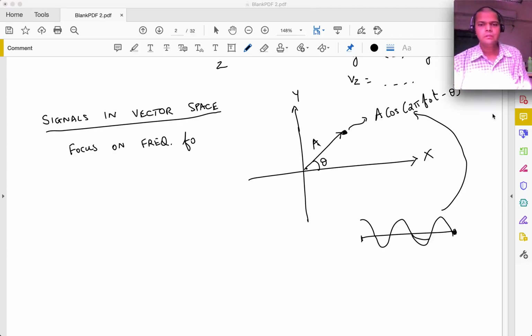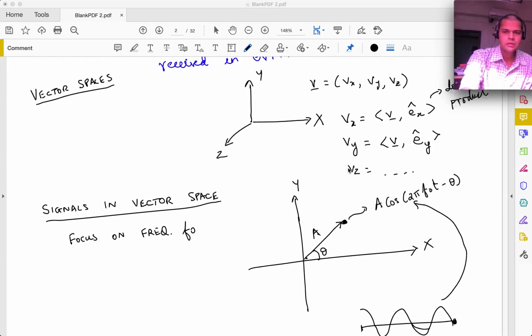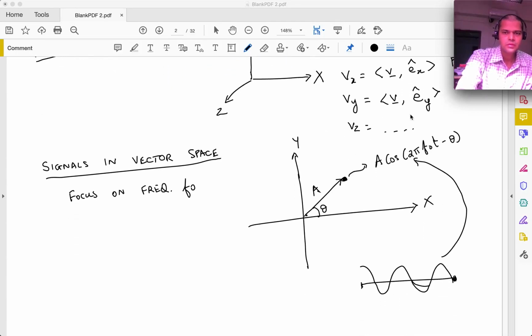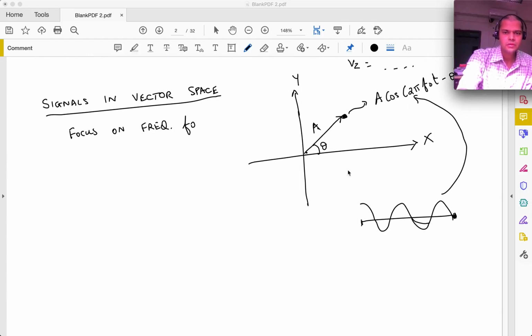To get an idea about what this dot product is going to mean, let's think about what these unit vectors are going to be. Because as we saw earlier, for the dot product, you have to find the x component or the y component, and so on.